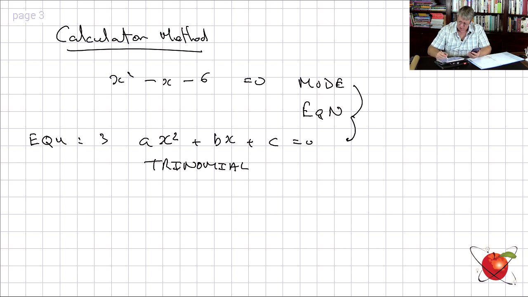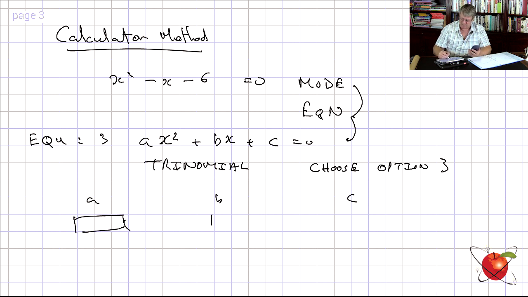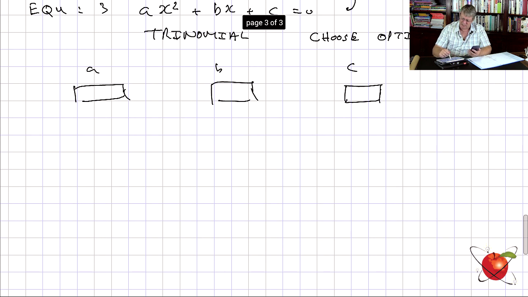So then we choose option 3. And you'll see that at the top it comes up with an A, a B, and a C, like that. And it comes up with spaces over there. Essentially, we're going to fill in the coefficients A, B, and C.